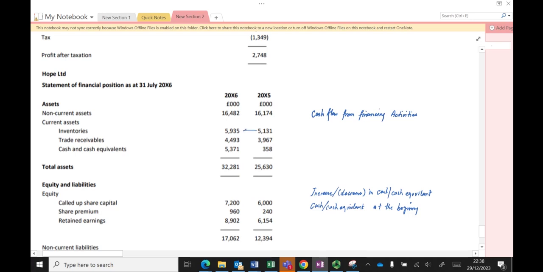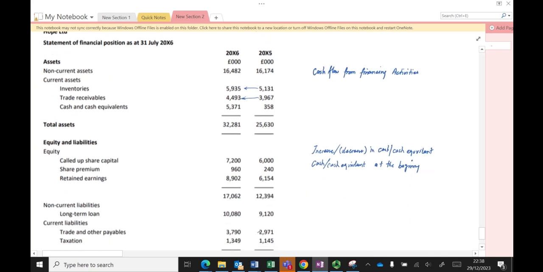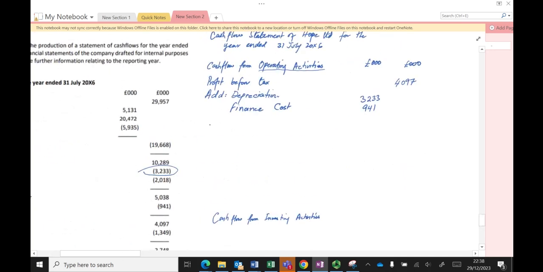There you can see there's an increase in inventory, receivables are increasing, and let's look at payables. The payables are also increasing. So I can write the headings here: increase in inventory, increase in receivables, increase in payables.